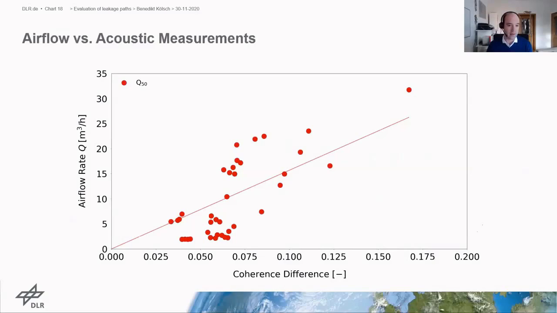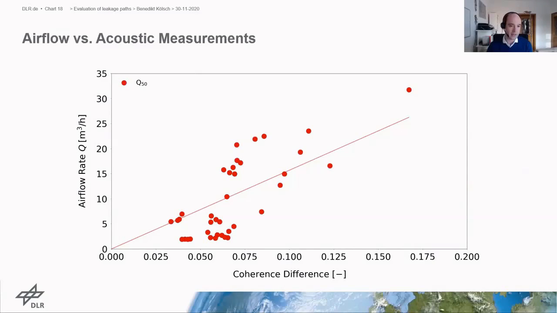The dots are all the measurements we had for these 43 different configurations, and the line is just the least square fit between them. Here we can see that on average we have an increasing airflow rate with an increasing coherence difference, even though we have some outliers on the top and on the bottom.